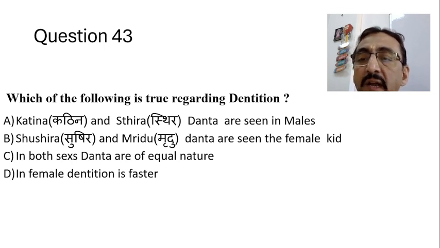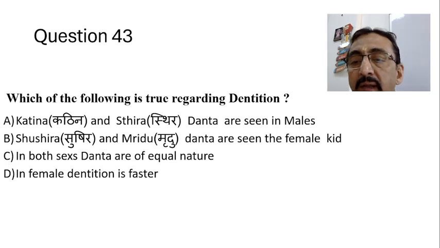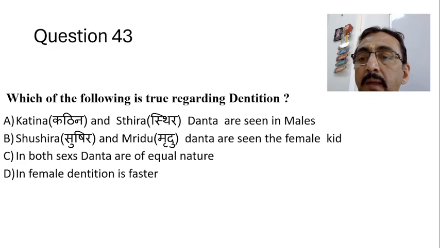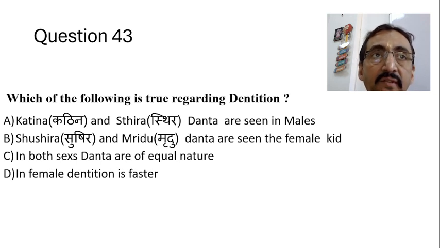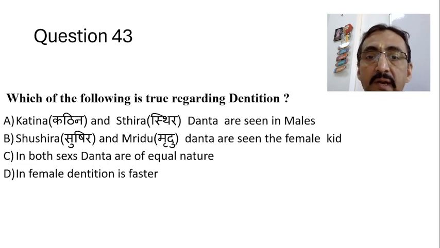And Sushira and Mrudu danta are seen in female child. Yes, this is also true. In female, the dentition is faster. This is also true. But the C answer, in both sexes danta are of equal nature, is wrong, because male and female have different natures: Mrudhu and Sushira, Kathina and Sthira.